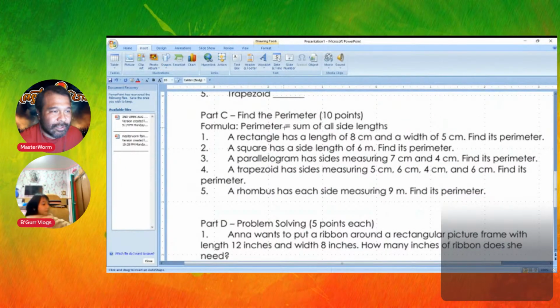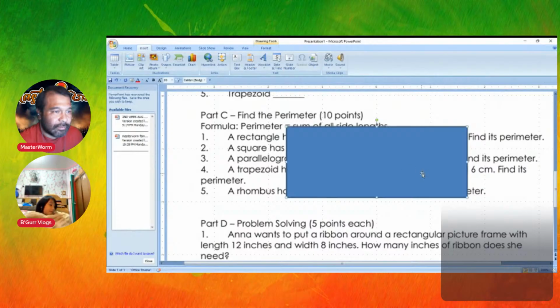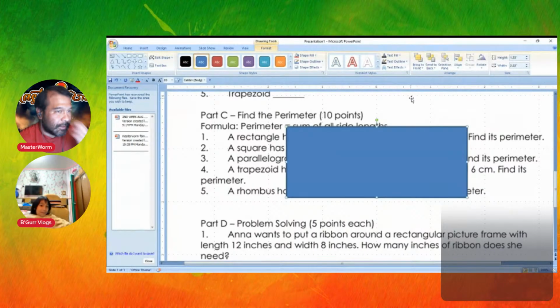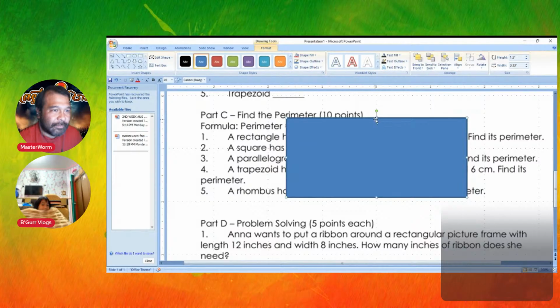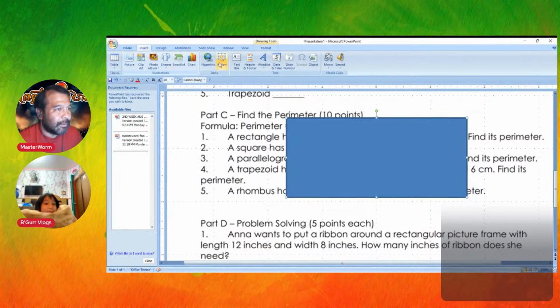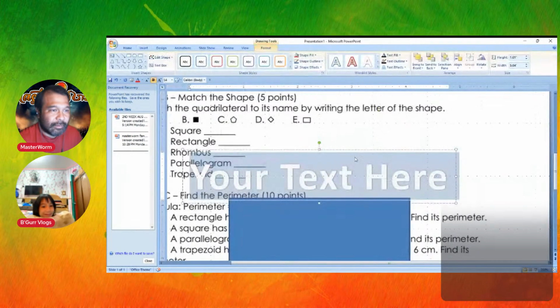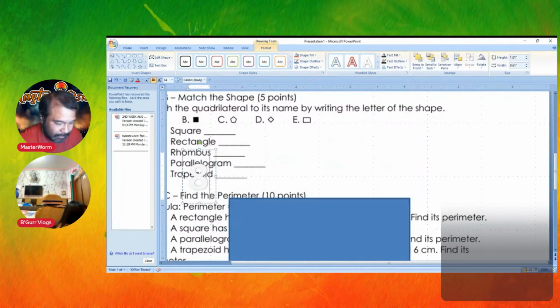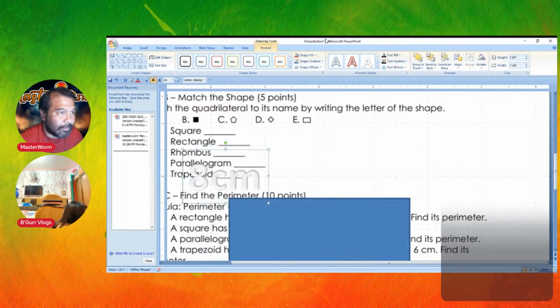So it's going to be like this. The rectangle is like this. Here, 8 centimeters.